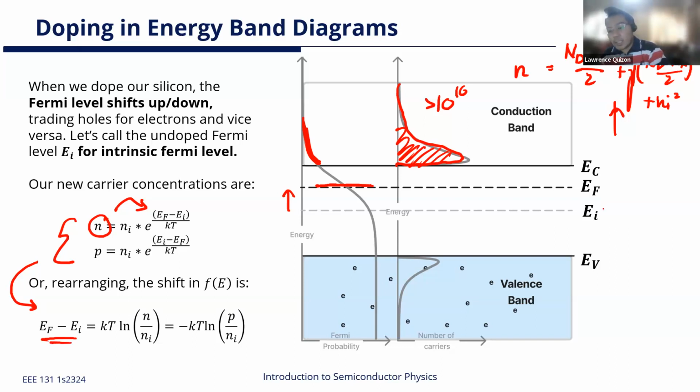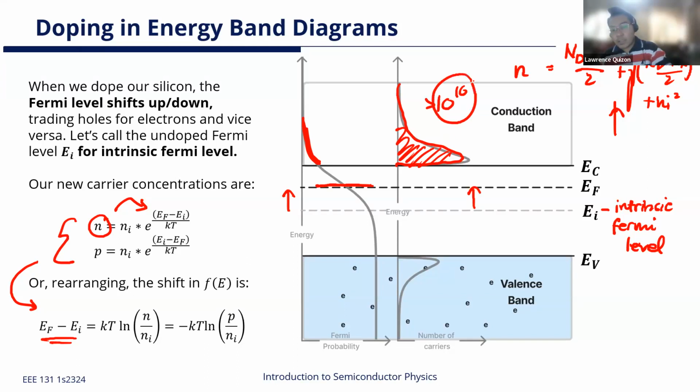Now, what is EI in this case? EI is the intrinsic Fermi level. It's where the Fermi level was when the silicon was still intrinsic. So that is this shift.